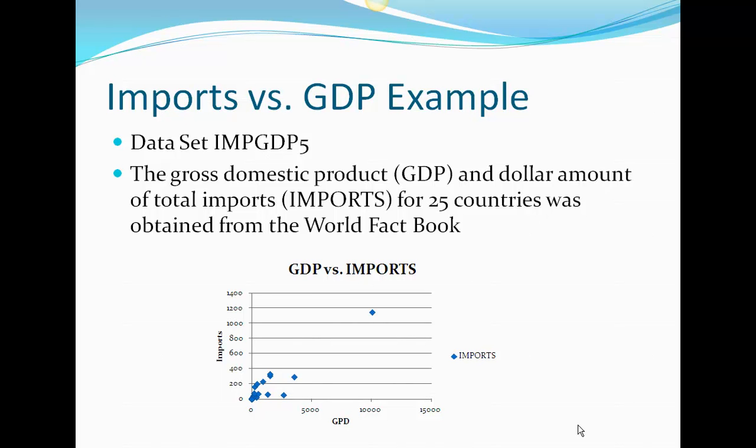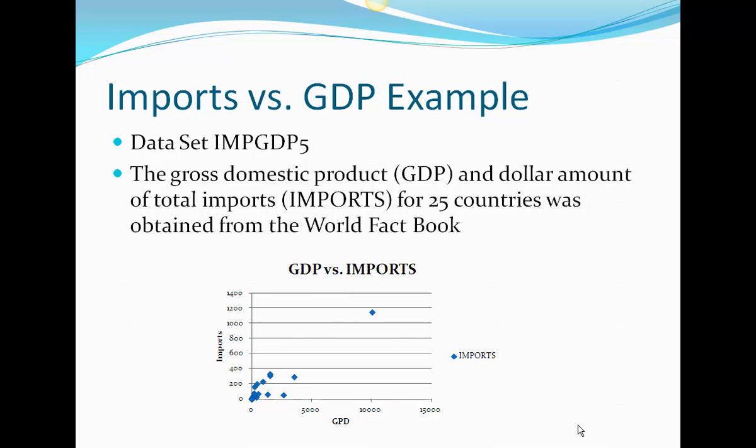logarithms are showing you the rate of change of the rate of change. So by taking a logarithm, you should spread out the data because you're looking at information that's more spread based on your units. So here we have information about GDP and the dollar amount of total imports for 25 countries.